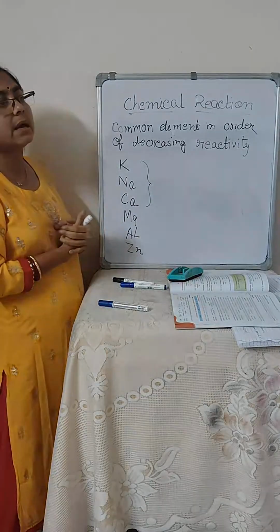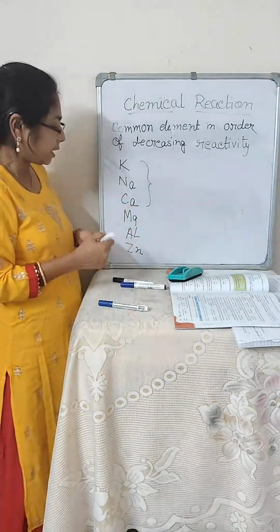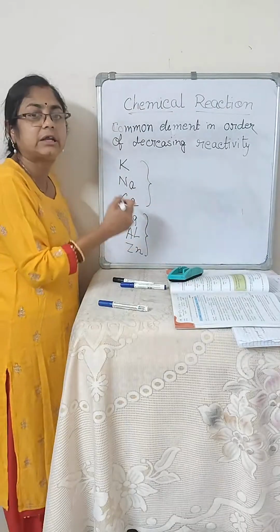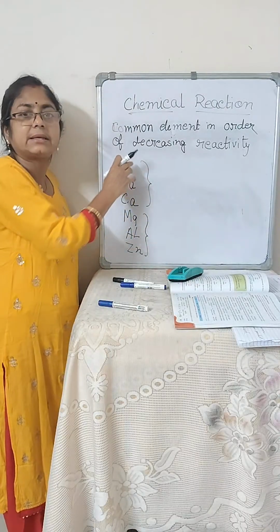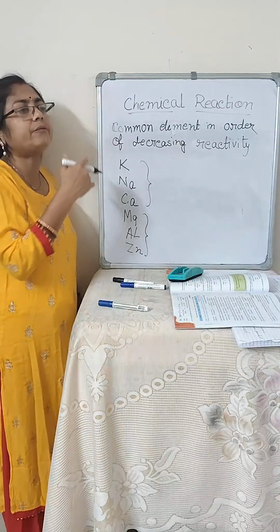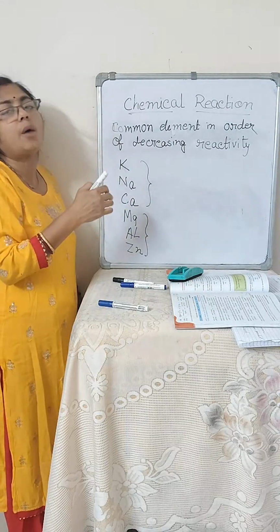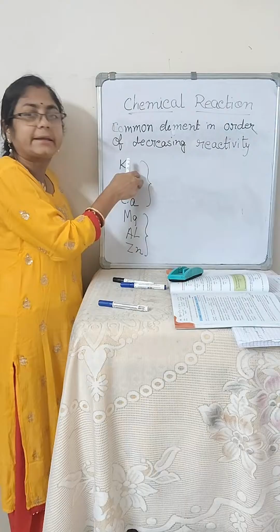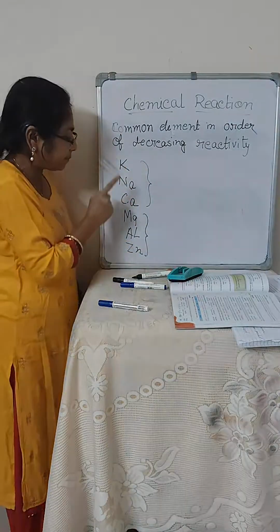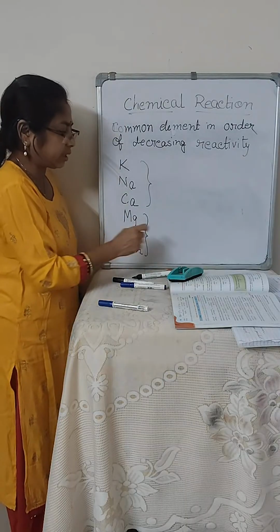In both cases explosion is coming. Next one, magnesium, aluminum, zinc. It is active but less than this, a little less. They react with water but no explosion is coming, but when reacting with the acid, more explosion is coming.